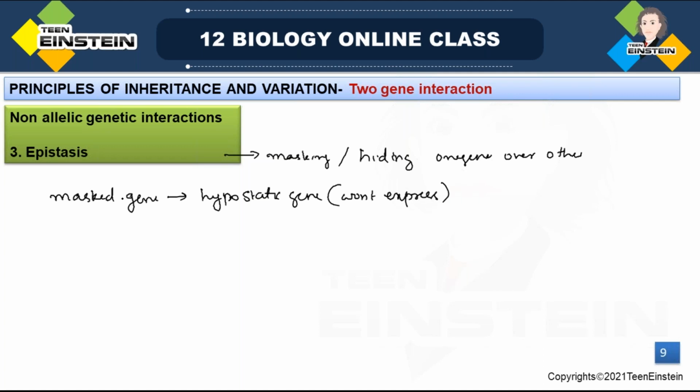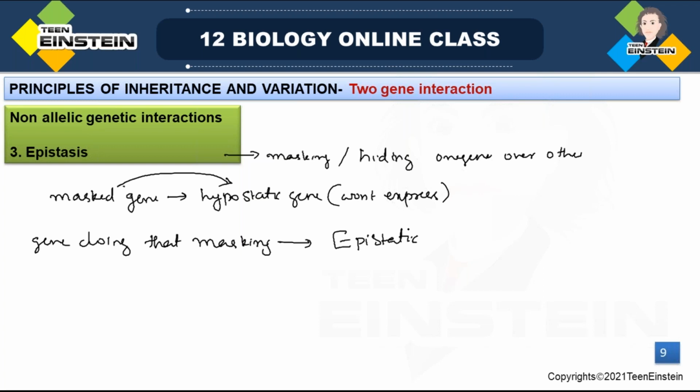And which gene is doing that masking? The gene producing that masking effect is called the epistatic gene, and the gene that it masks is called the hypostatic gene.